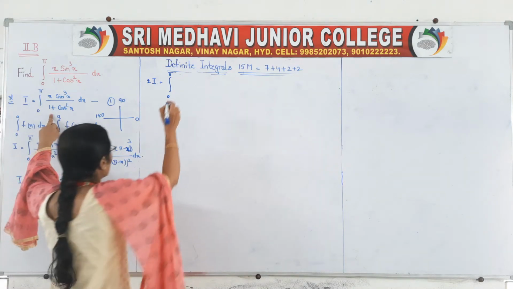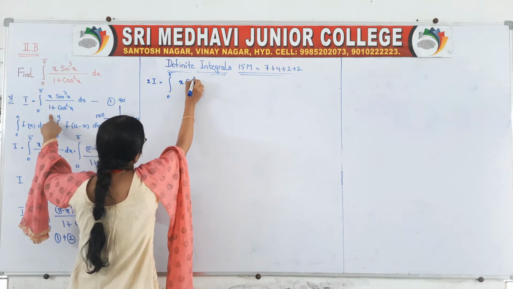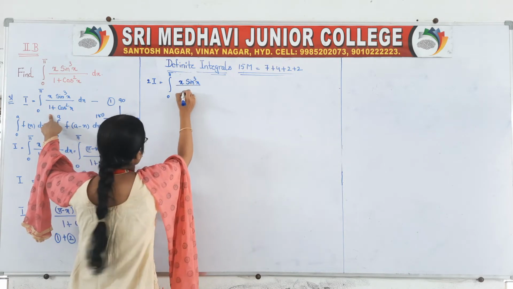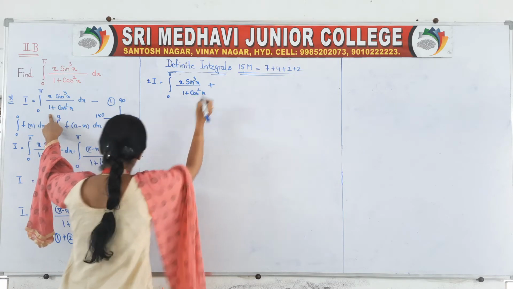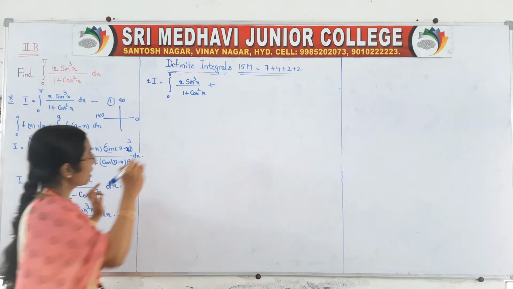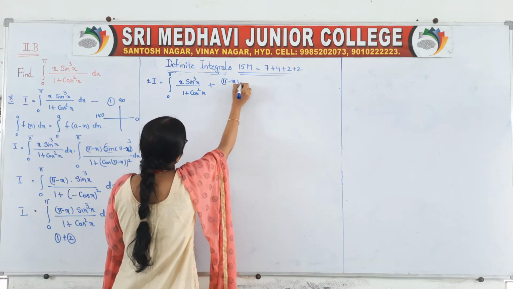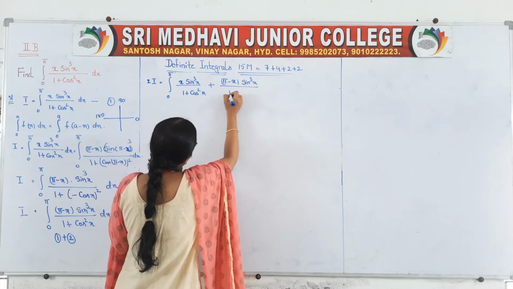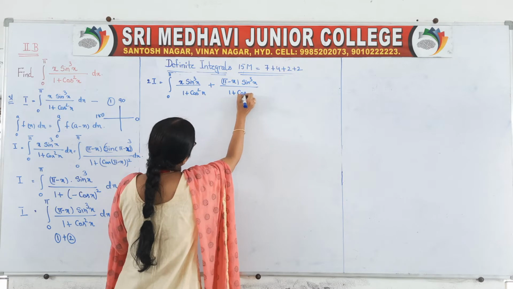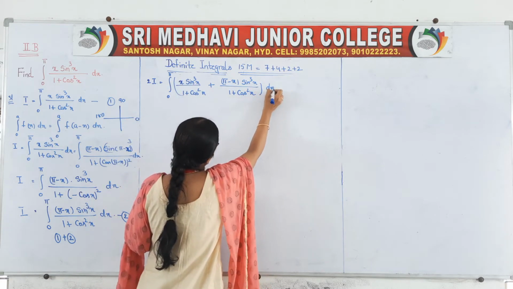So x sine cube x by 1 plus cos square x plus, from this it is pi minus x into sine cube x by 1 plus cos square x into dx.